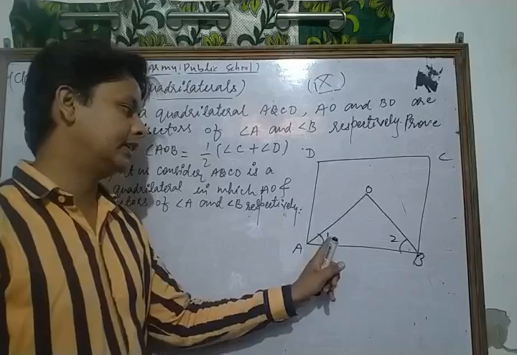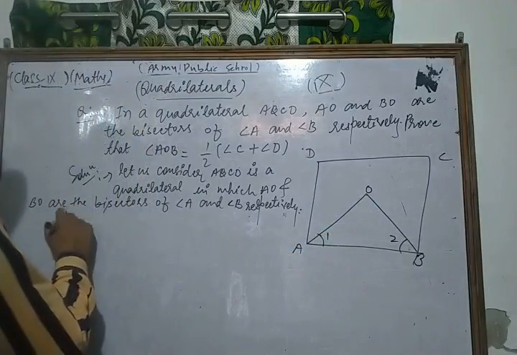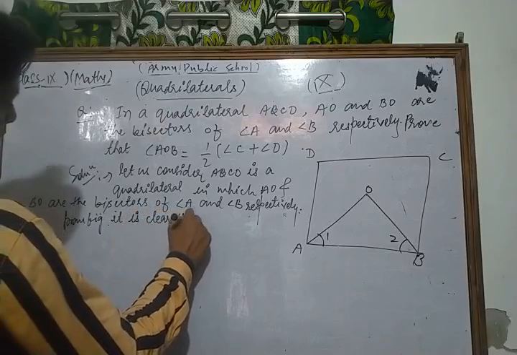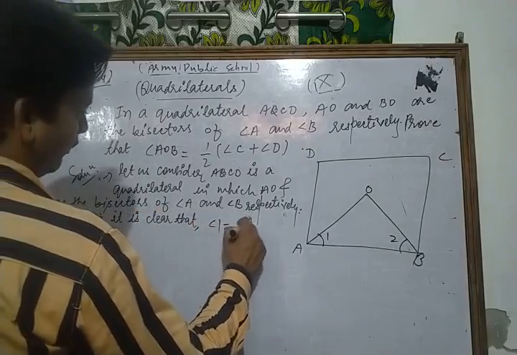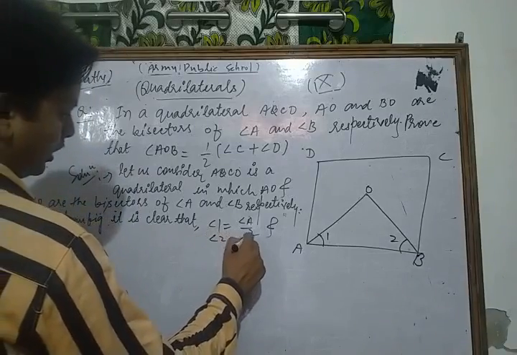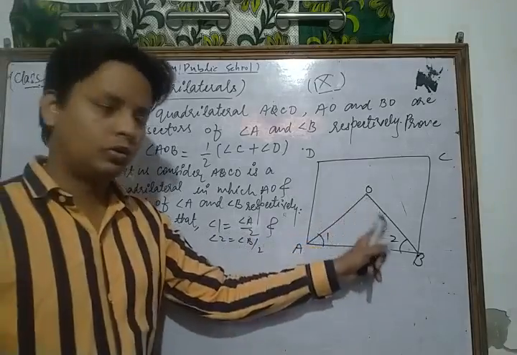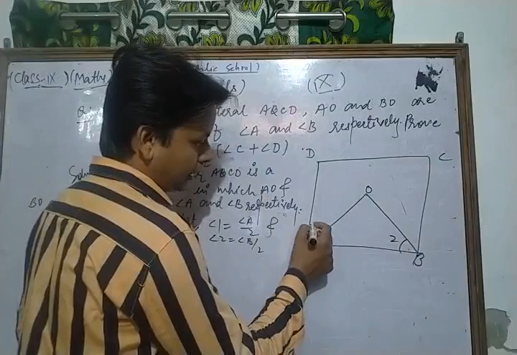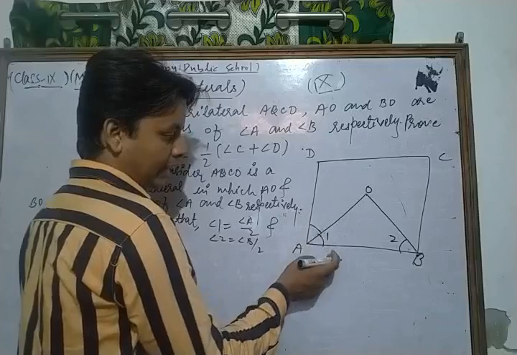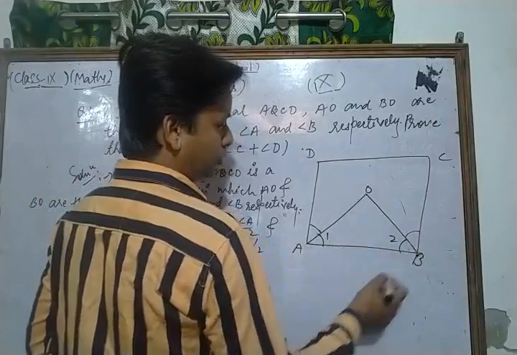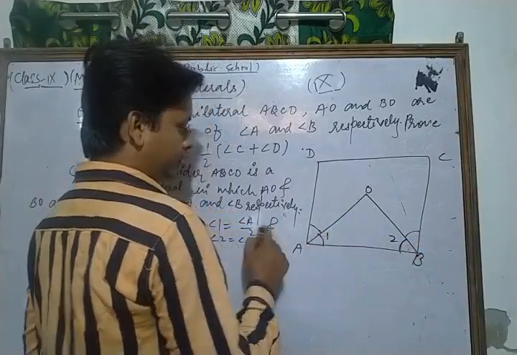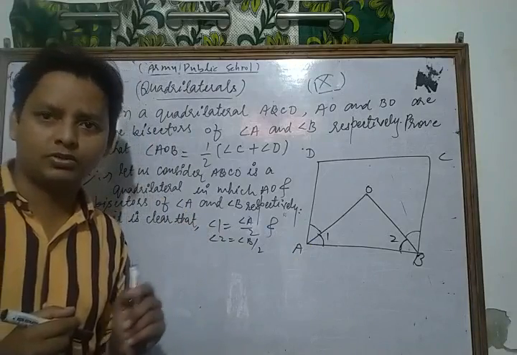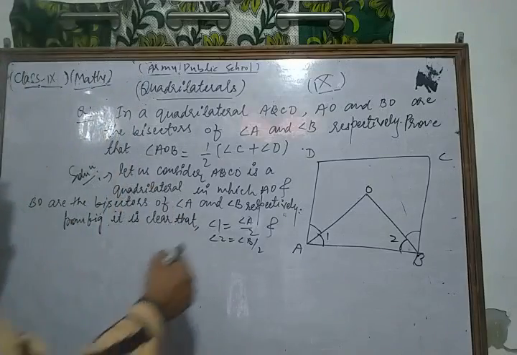From the figure it is clear that angle 1 is equal to half of angle A and angle 2 is equal to half of angle B, because AO and BO are the bisectors of angle A and angle B respectively. A bisector splits the angle into two equal parts. Now we take triangle AOB.